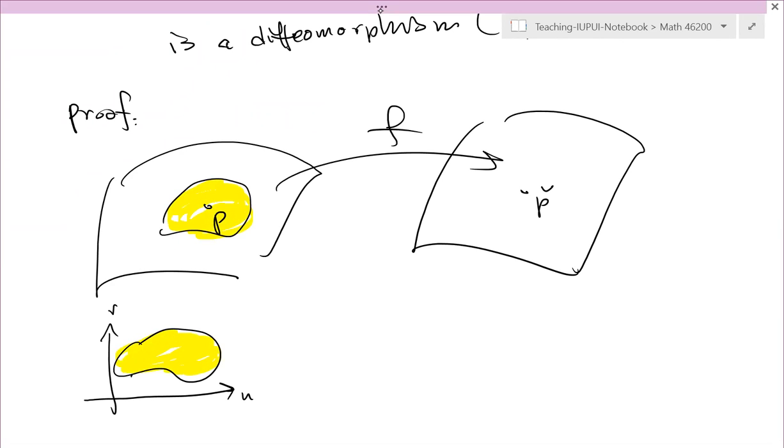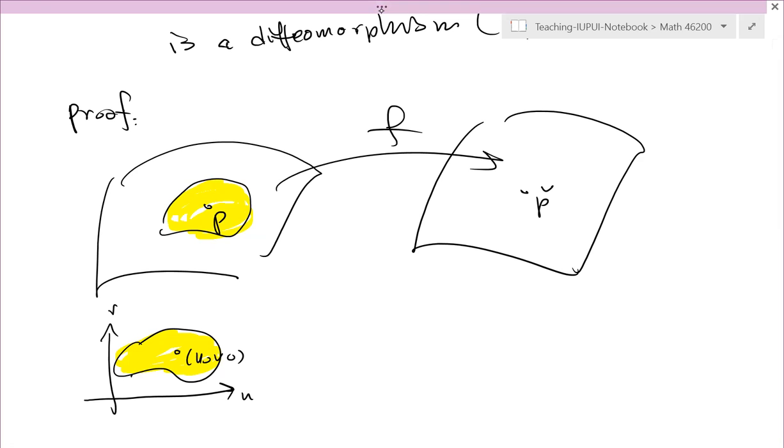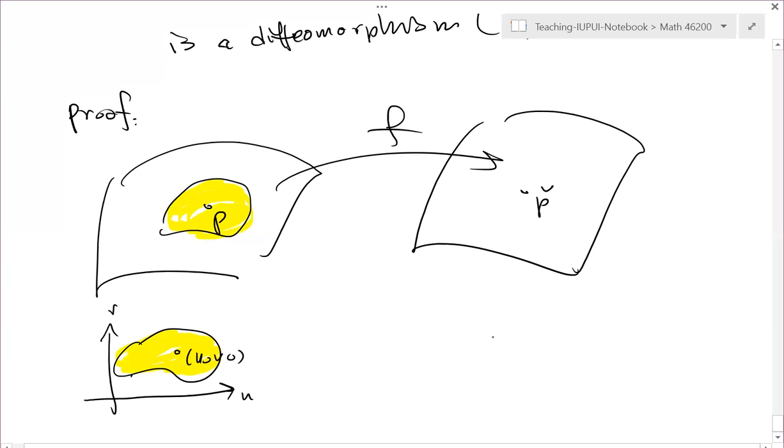So basically, we translate the problem into a problem for a map between two open sets in R2. Here's another picture, U tilde, V tilde.